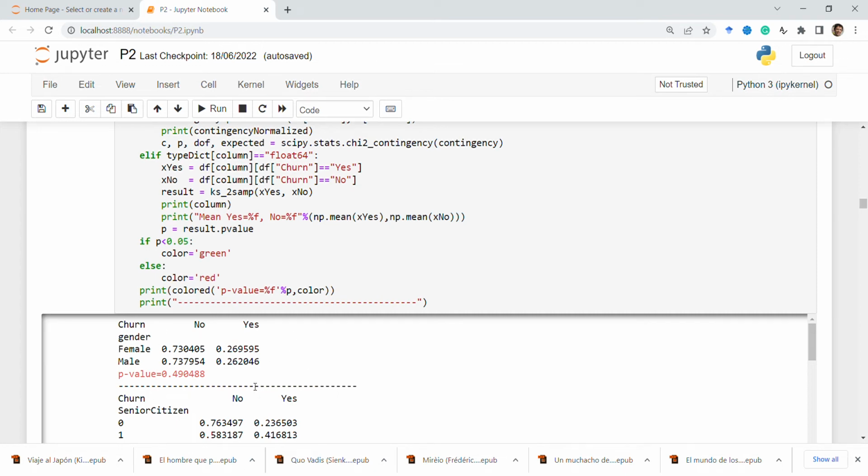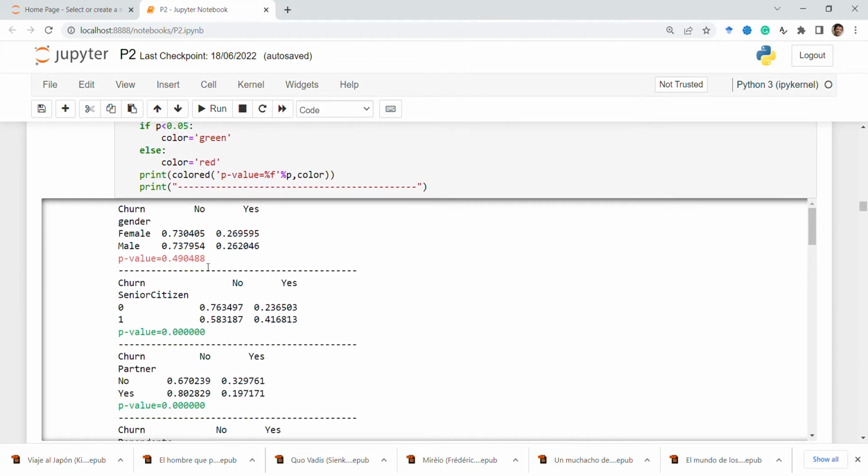And this we can test with what is called the chi-squared test, that checks whether two categorical variables are related or independent.